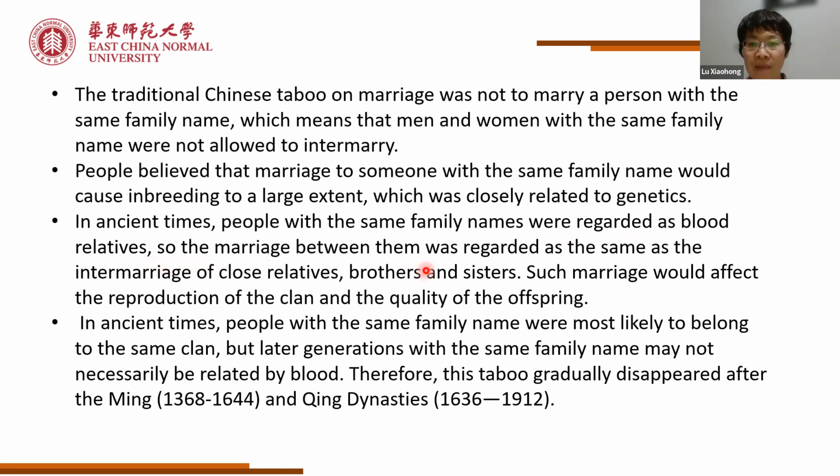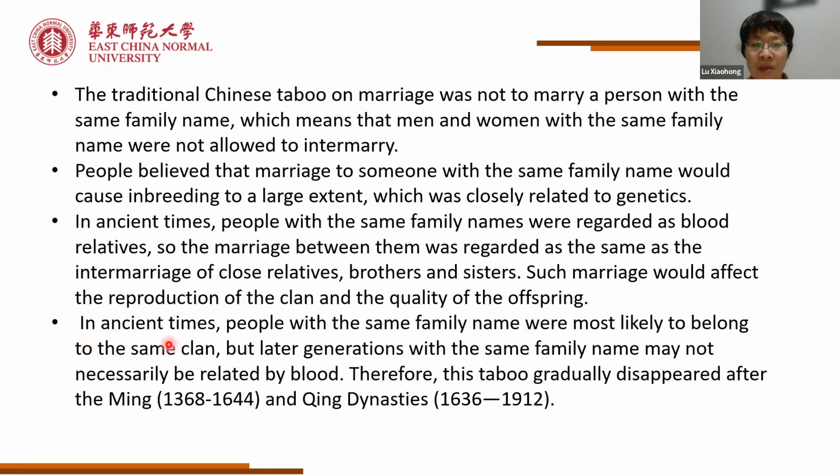So the marriage between them was regarded as the same as the intermarriage of close relatives, brothers and sisters. And of course, such marriage would affect the reproduction of the clan and the quality of the offspring. So that's why it was banned. It was forbidden to marry someone who shared the same family name.